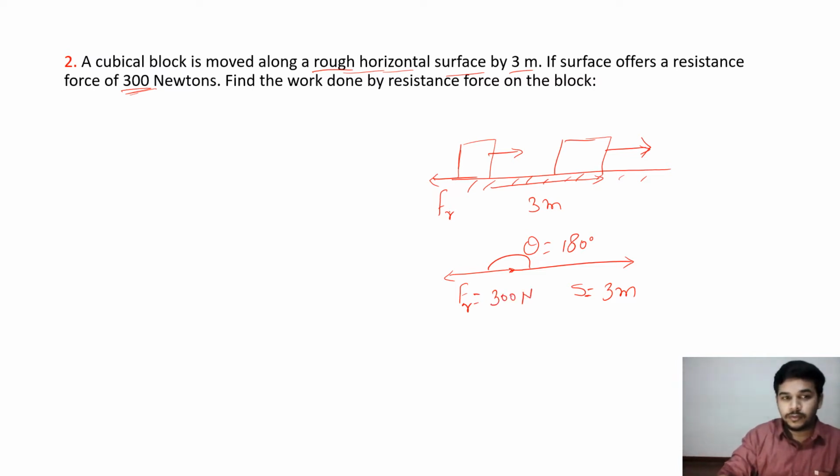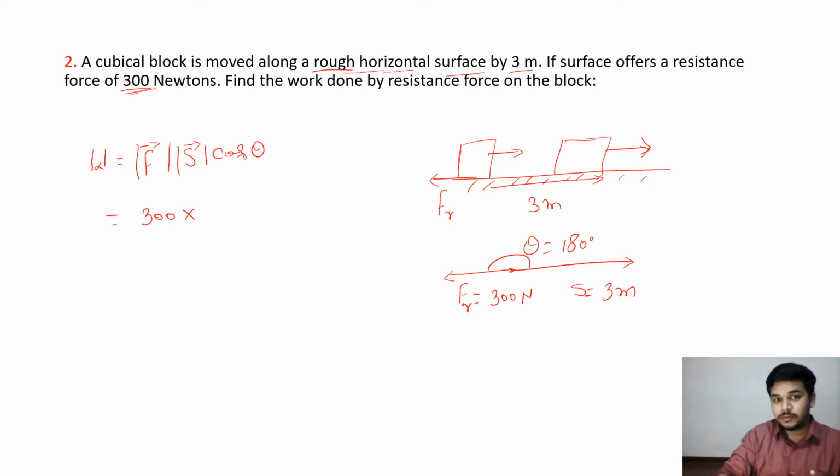So let's calculate the work done by friction force, which is constant. You can again write mod F, mod S cos theta. So mod F, magnitude of force, is 300 Newton. Magnitude of displacement is 3 meter, cos 180 degrees.